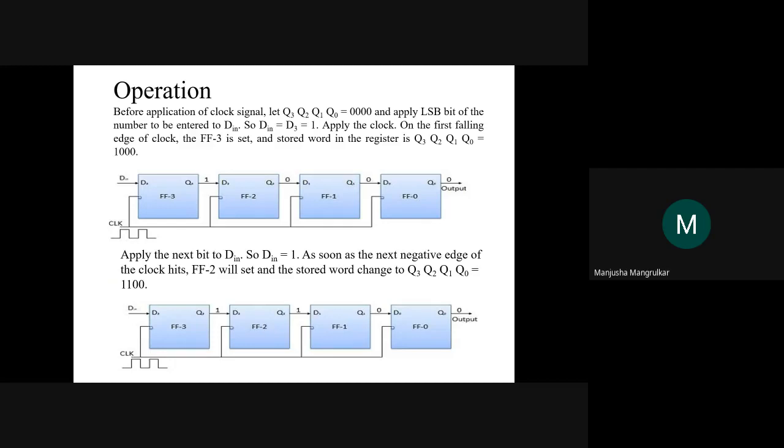By applying a clock, on the first falling edge FF3 is set and stores the word into Q3, Q2, Q1, Q0.